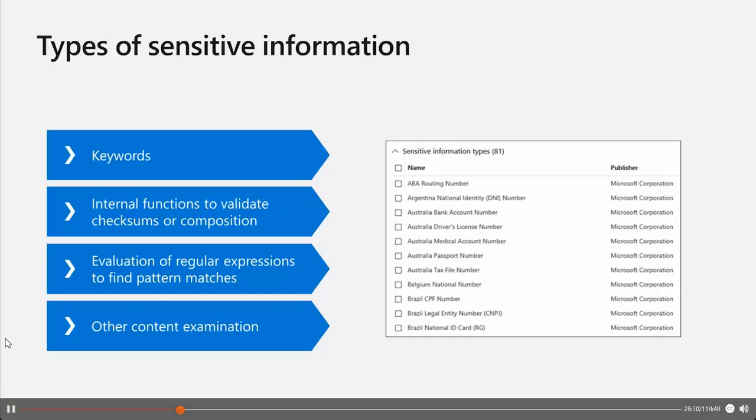Each sensitive information type is defined and detected by using a combination of the following things: keywords, an internal function to validate checksums or compositions, the evaluation of regular expressions to find pattern matches, and other content examinations. This helps DLP detection to achieve a high degree of accuracy, while reducing the number of false positives that can interrupt people's work, for example.